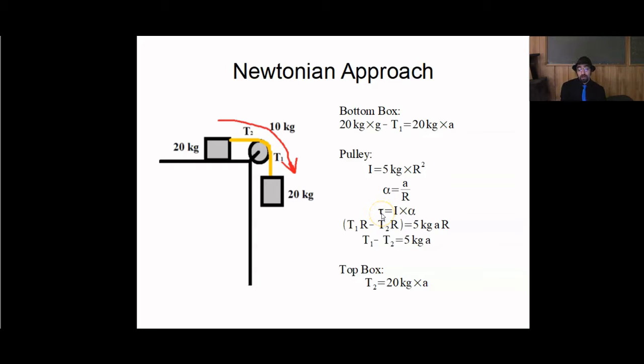We know that the net torque on the pulley equals moment of inertia times angular acceleration. So now we can calculate the net torque. If you remember, torque is force times perpendicular distance. Since the rope is always tangent to the pulley, the perpendicular distance will just be the distance from the edge to the center.